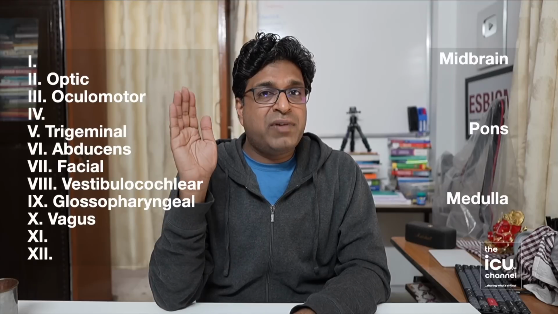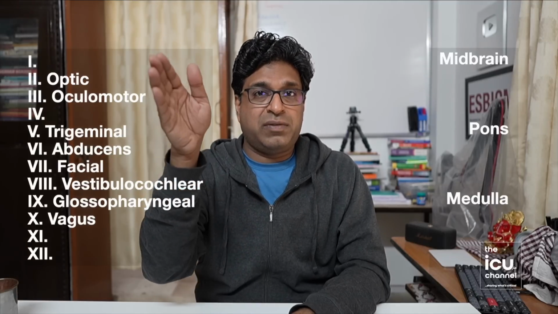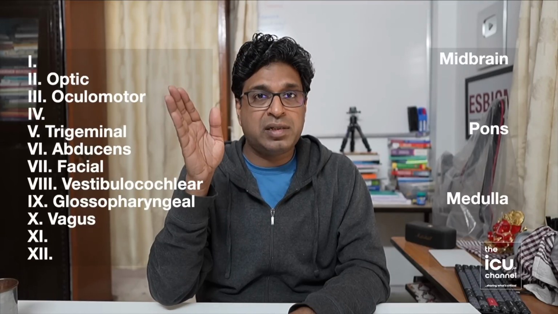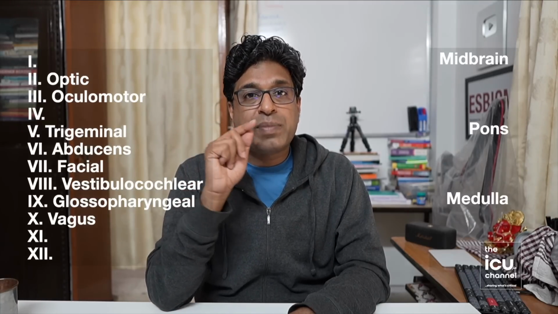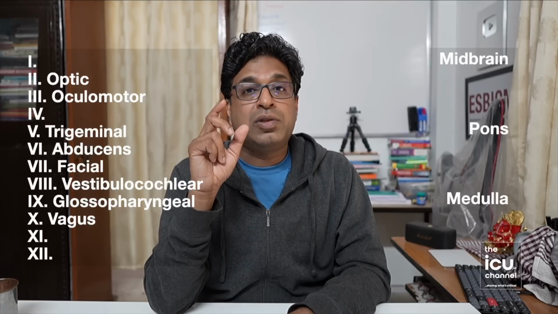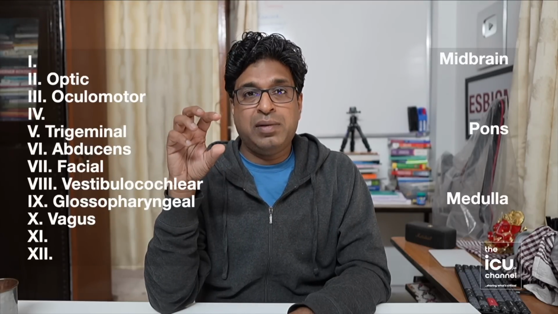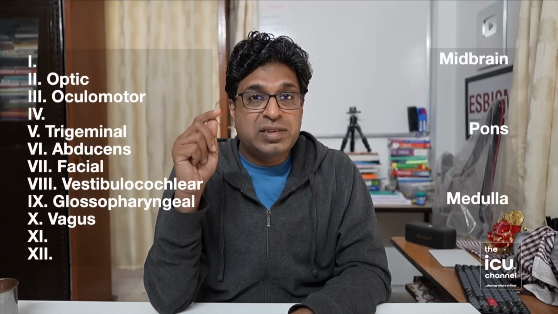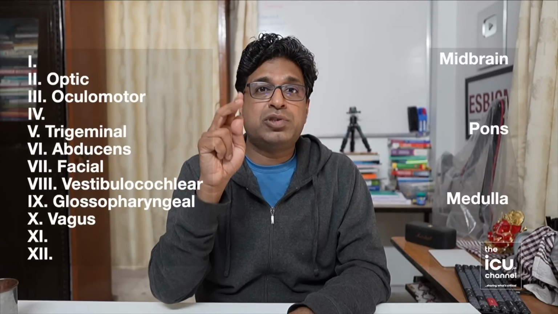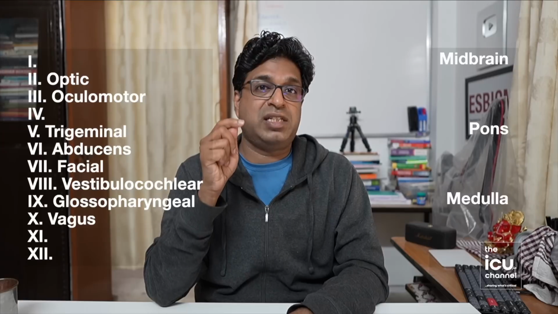The PPRF goes through the sixth nerve, which is your abducens, to the lateral rectus, and the medial longitudinal fascicle goes through to the third nerve. So they move the eyes to the midline. So you have tested the eighth nerve via the vestibular component, then it goes to the third and sixth nerve.